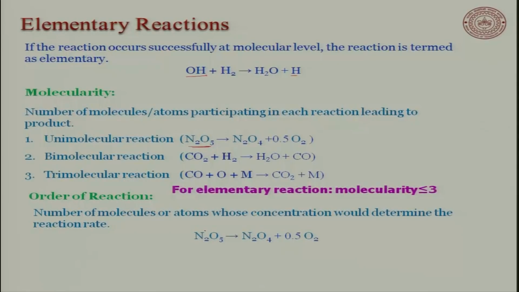For example, if I consider N2O5 leading to N2O4 and half O2, in this case the reaction rate would be the change in concentration of N2O5 divided by dt equal to minus Kf N2O5. If I say this is your Kf, right. That means in this case order of reaction will be 1, right.